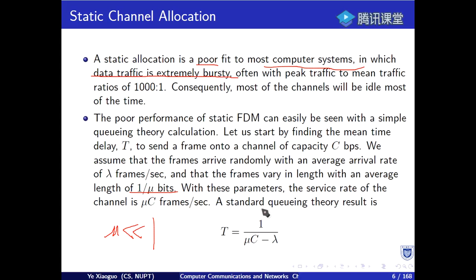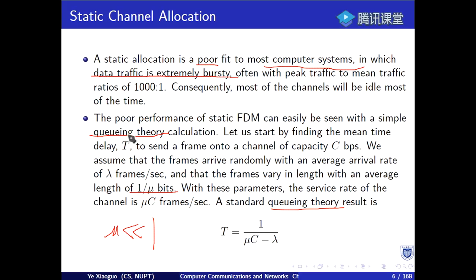Standard queueing theory. Probably you are not familiar with queueing theory. Queueing theory is a mathematical tool to analyze the communication system.